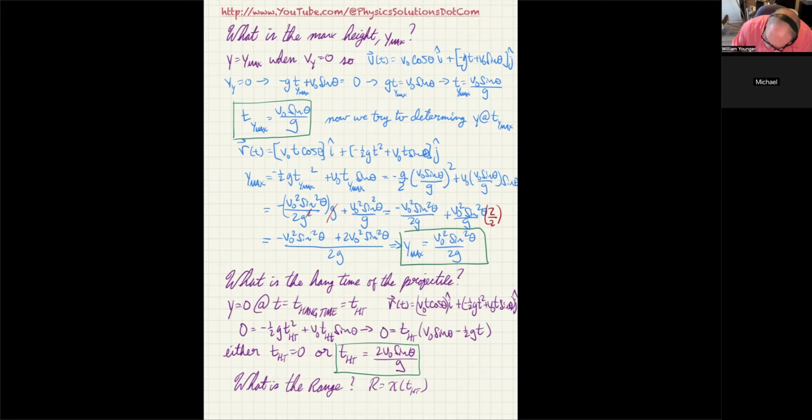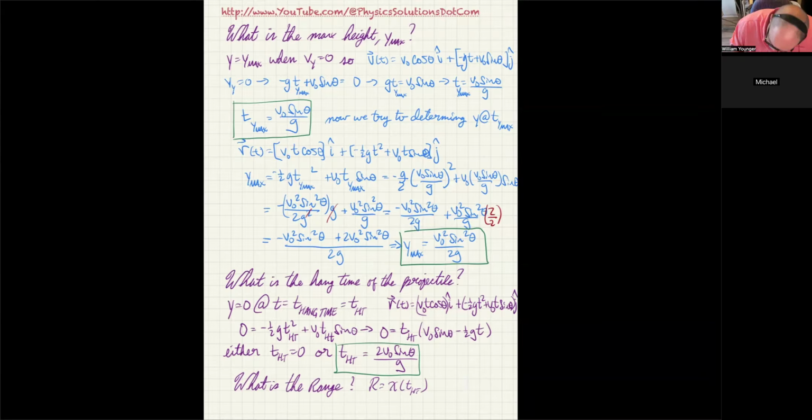Well, if I look back at my r of t, I see that right here, the x position is just v0 t cosine theta. So all I need to do is plug in t hang time for that t right there.